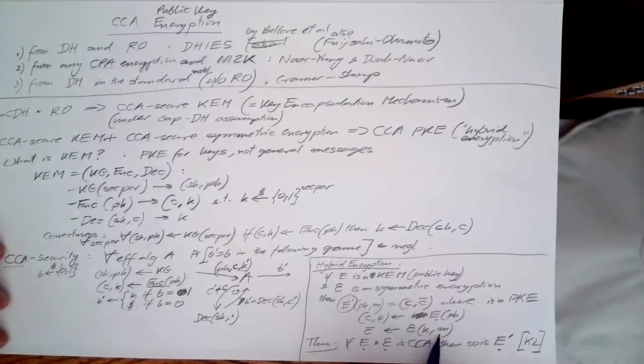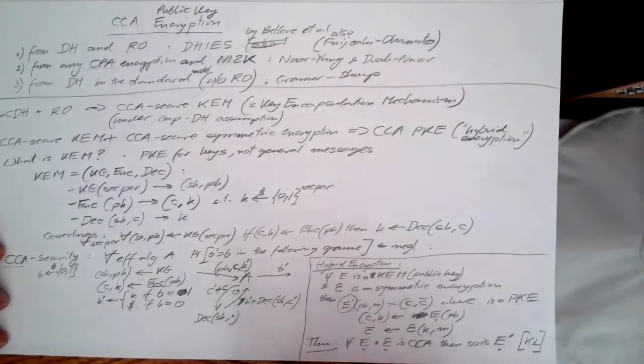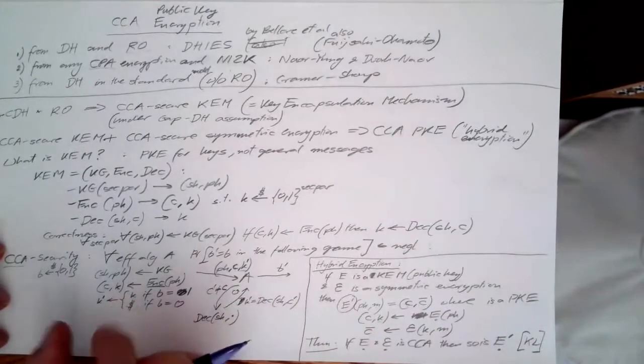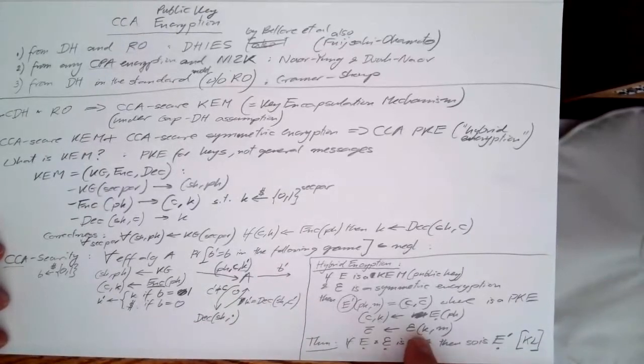Because this is fast, right? And this is slow. So we don't want to redo public key encryption to encrypt chunks of the message. We just apply it to something whose length is only a security parameter, and then we hook that short thing into an orders of magnitude faster symmetric encryption.